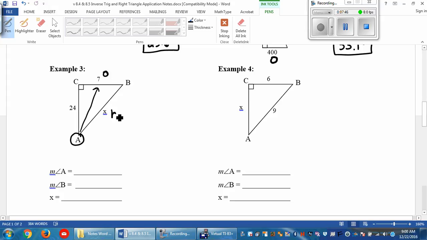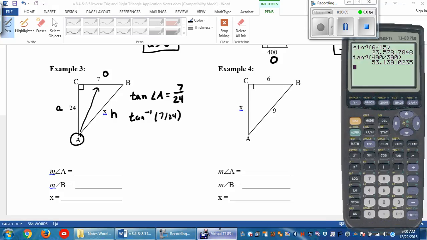The hypotenuse is x, and the 24 is the A. So if we're trying to find the measure of angle A, we have the O and the A, so we'll do the tangent of angle A is equal to 7 over 24. What that means, you do the inverse tangent, 7 divided by 24 in parentheses. So inverse tangent, 7 divided by 24.